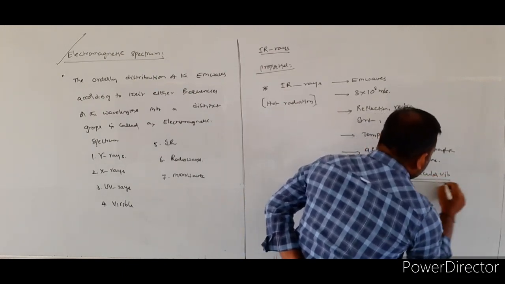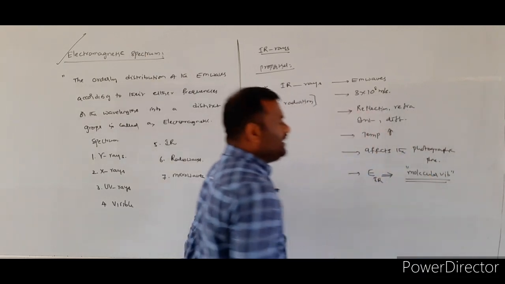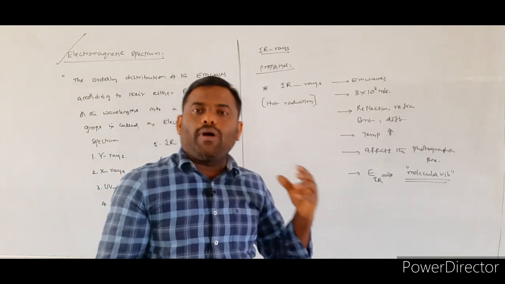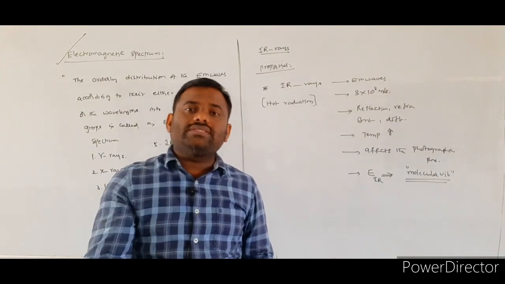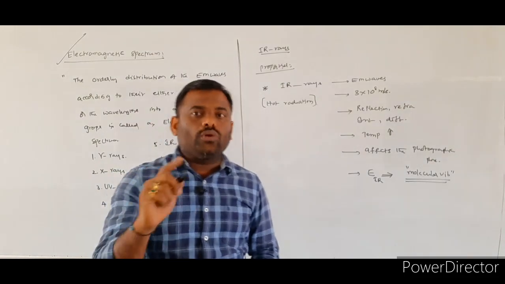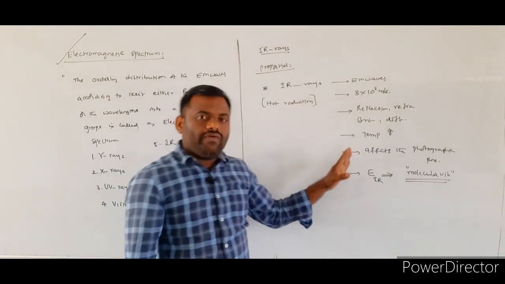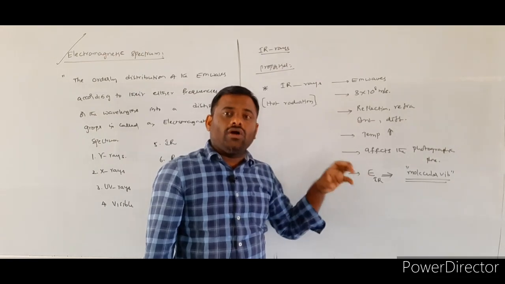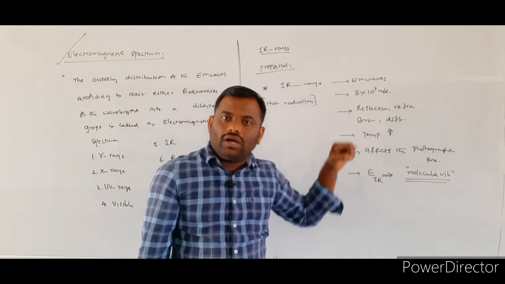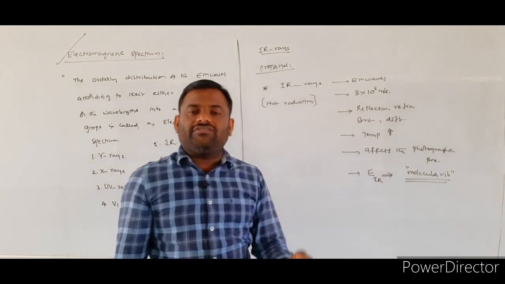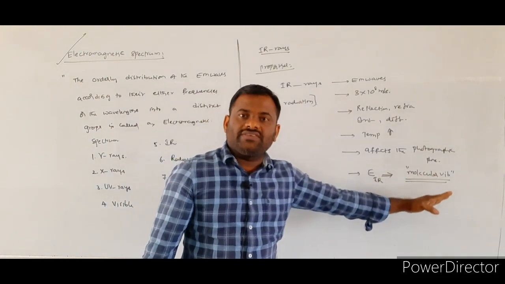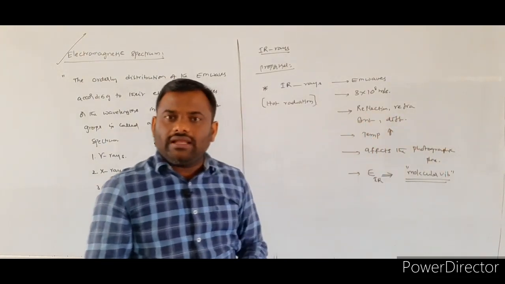That means whenever the energy of the IR radiation is absorbed by the molecular substance, the molecules present in that substance undergo vibration. So the energy of the IR radiation gives molecular vibrations for the given substance.